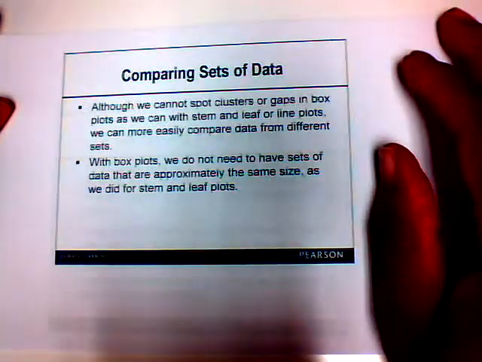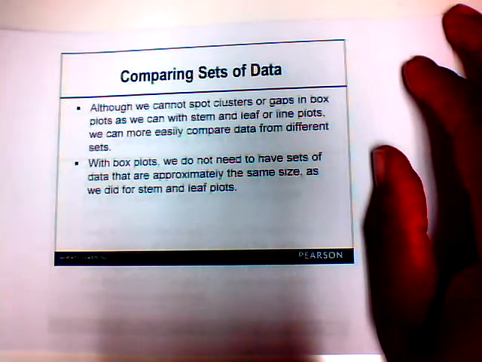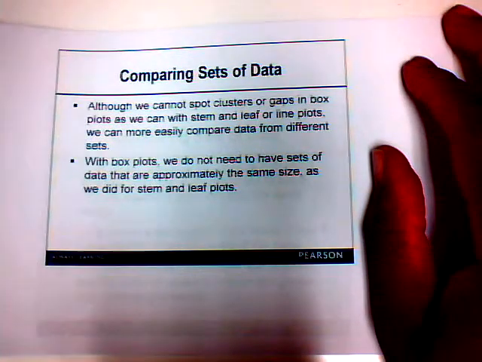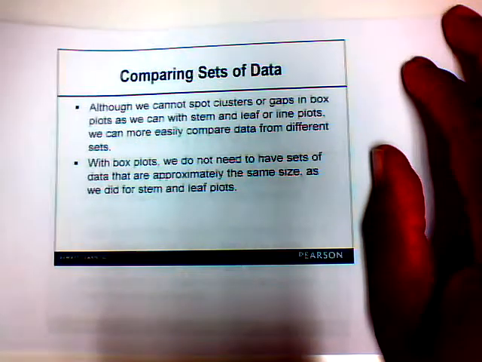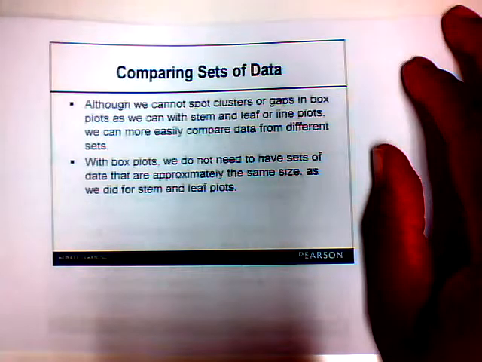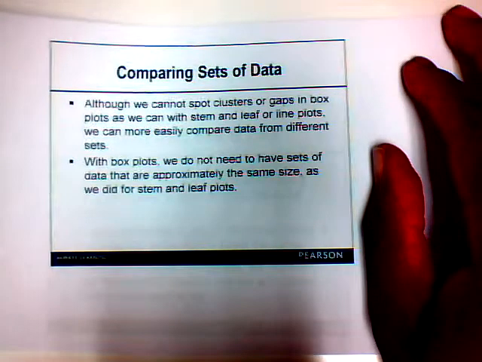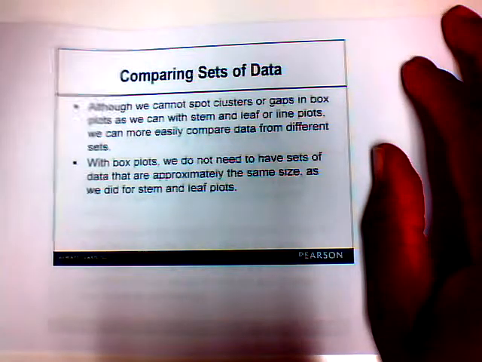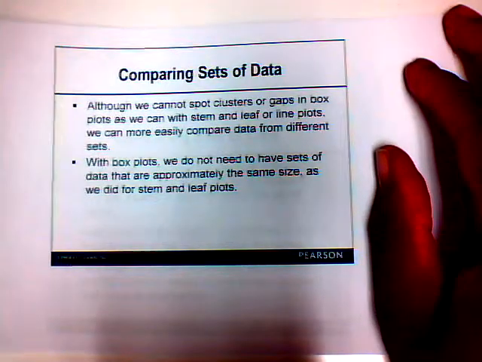Although we cannot spot clusters or gaps in a box plot as we can with stem and leaf or line plots, we can more easily compare data from different sets. With box plots, we do not need to have sets of data that are approximately the same size as we did for stem and leaf plots.